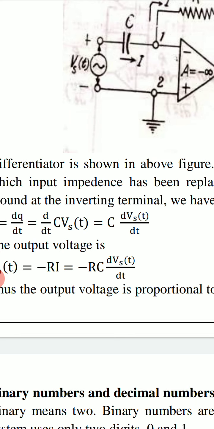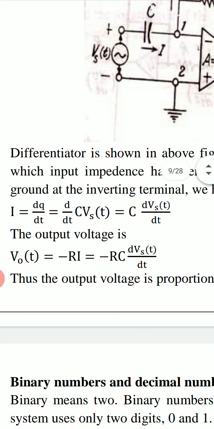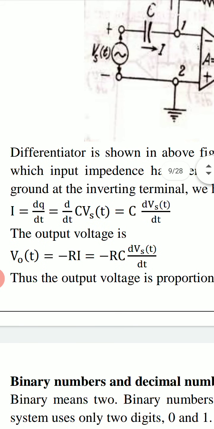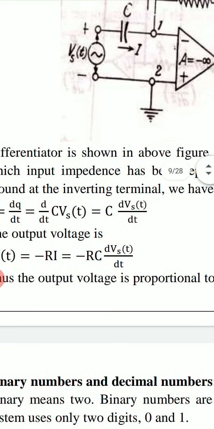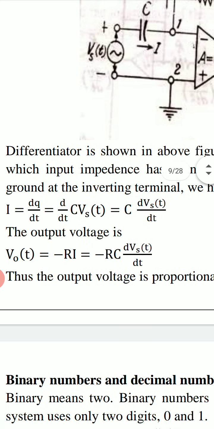This current I flowing through capacitor C is given as I equal to dq upon dt. It is the definition of current, and here charge Q is the charge across the plates of capacitor C, and this charge Q is given by the relation Q equal to CV, so it becomes equal to C Vs(t). So it becomes C dVs upon dt.